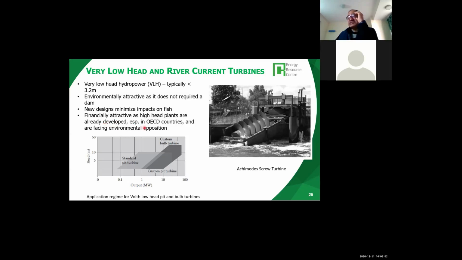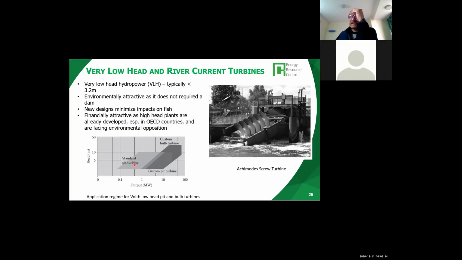And sometimes, especially in the developed countries, high-end plants are already developed, and in the developing countries there is environmental opposition. So basically, these very low head turbines, bulb turbines, split turbines are for very small head.